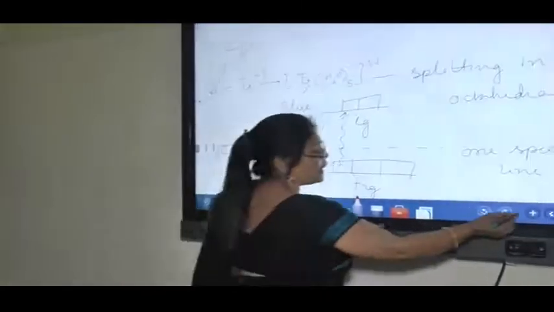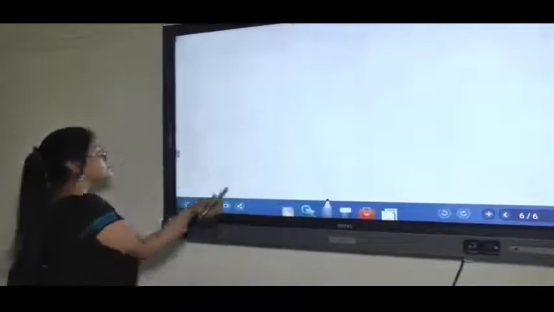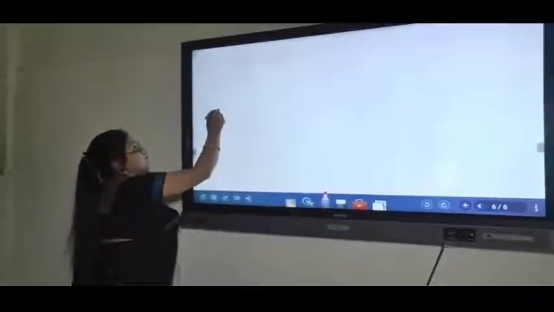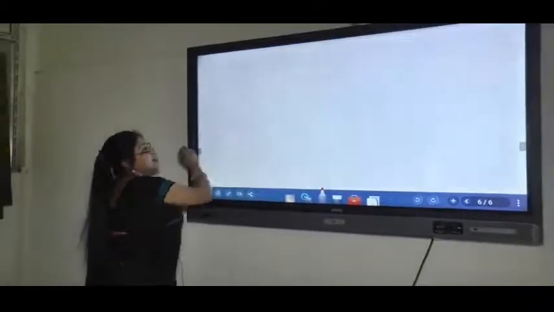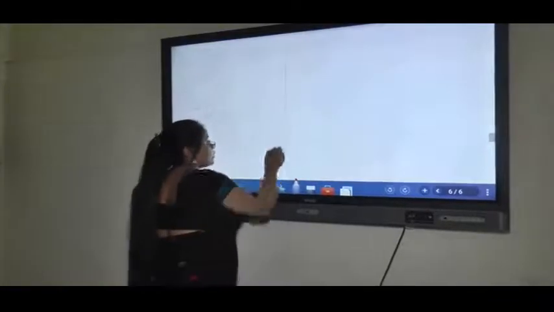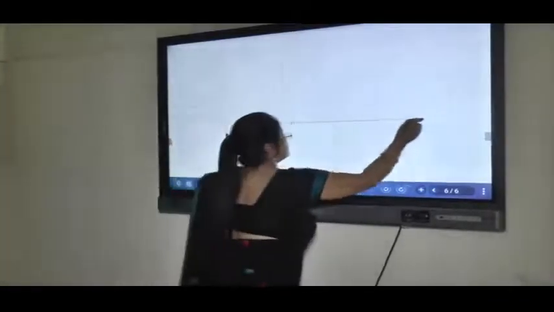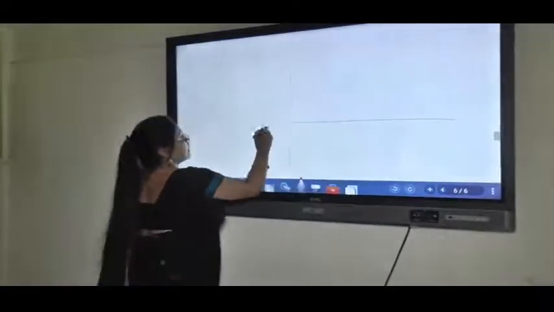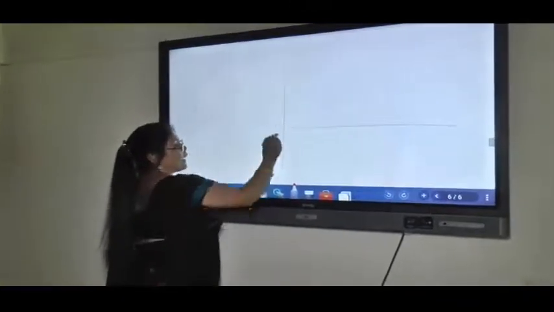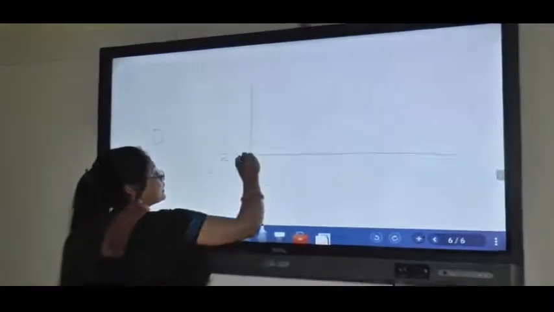The Orgel diagram says that just like the d1 configuration splits, in the same way the 2D term will also split. How to represent it? We can represent it in this way. The term is 2D and it undergoes splitting.